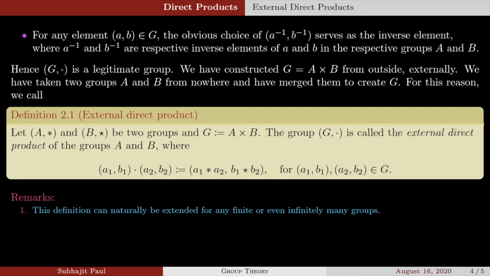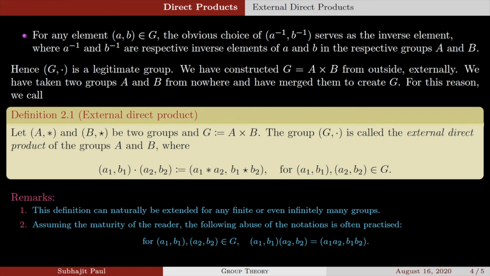This definition can naturally be extended for any finite or even infinitely many groups: G1, G2, G3 up to infinity. You multiply them in the product set component wise, so it will be another infinite component element. No problem, so we can define this thing for infinitely many groups as well.